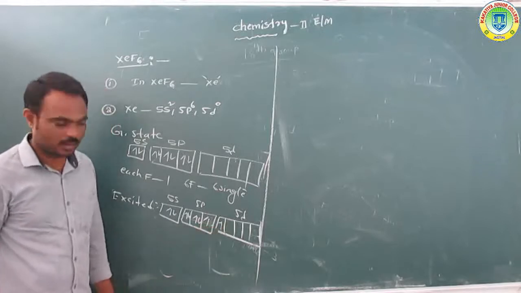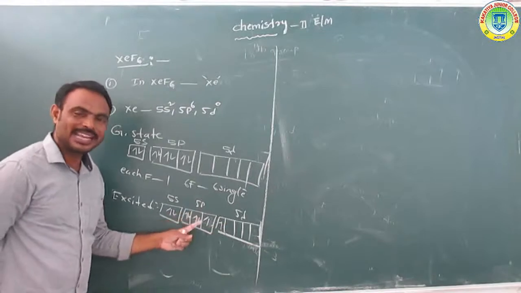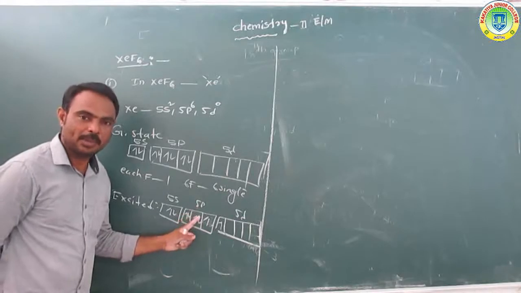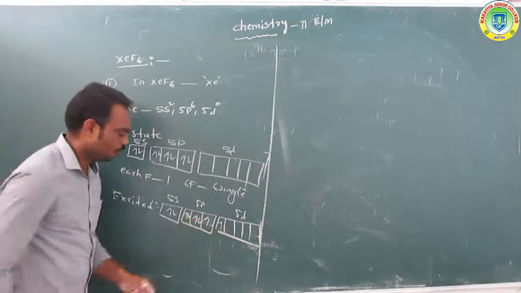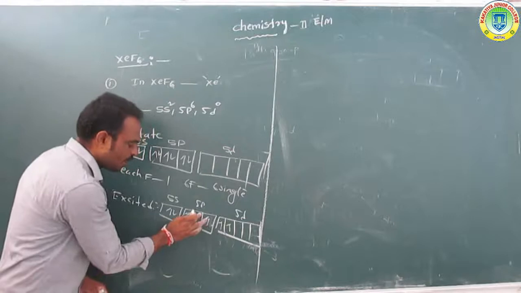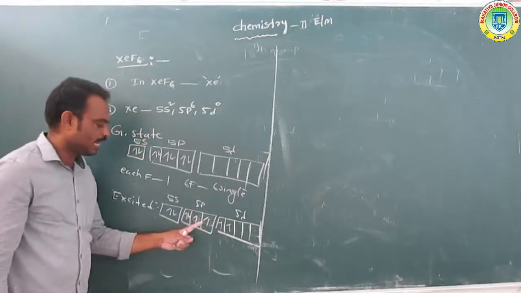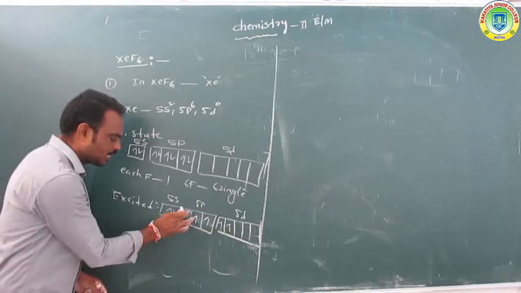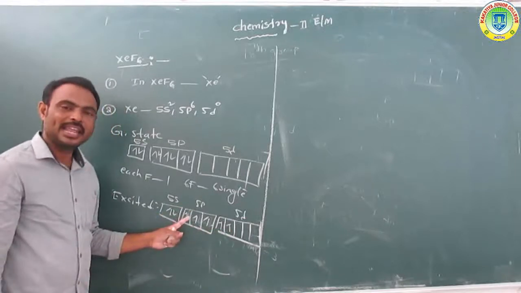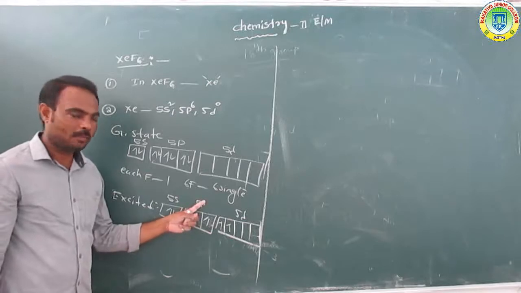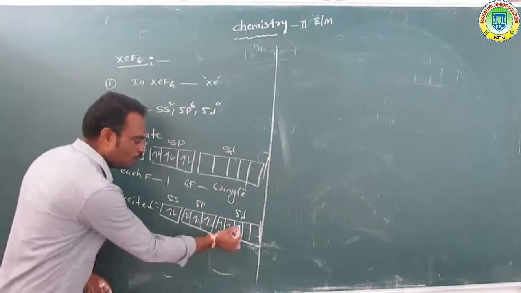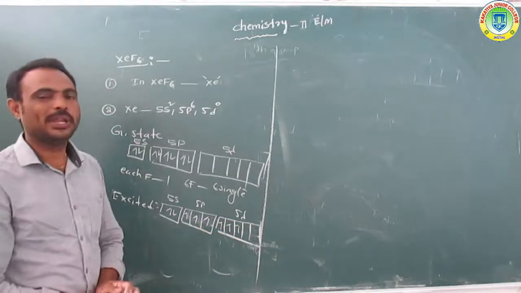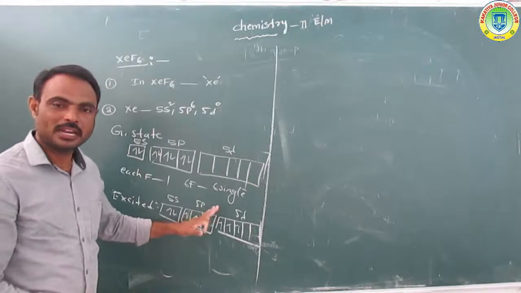Next, in the second excited state, another electron of the 5p orbital is jumped to the 5d orbital. Next, in the third excited state, another electron of the 5p orbital is jumped to 5d. In the third excited state, how many single electrons are there?